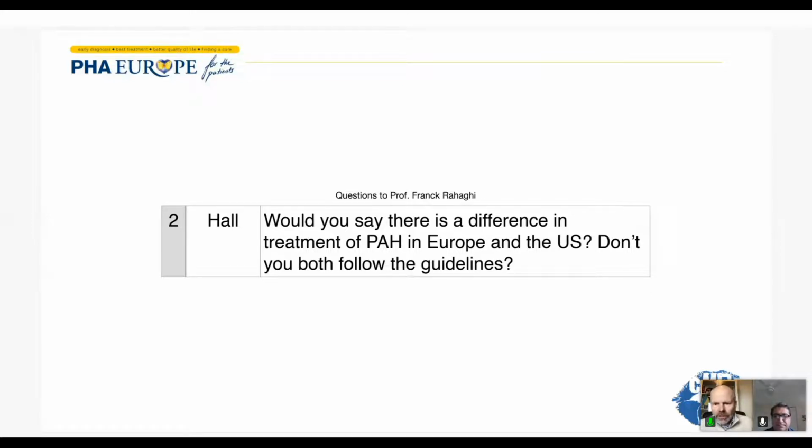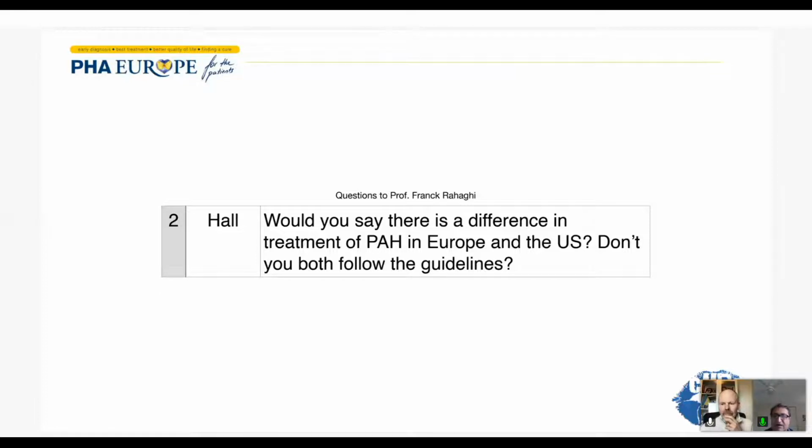Would you say there is a difference in treatment of PAH in Europe and the US? Don't you both follow the guidelines? So first, let's start by the fact that I have not been sitting with a PH expert in Europe and comparing notes on who does what. But I can tell you just mechanistically, the FDA and the European agencies have approved different medications.